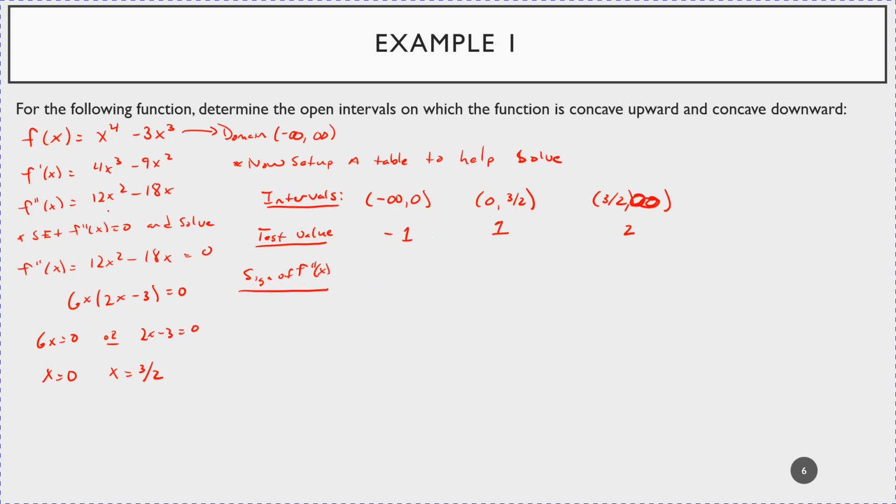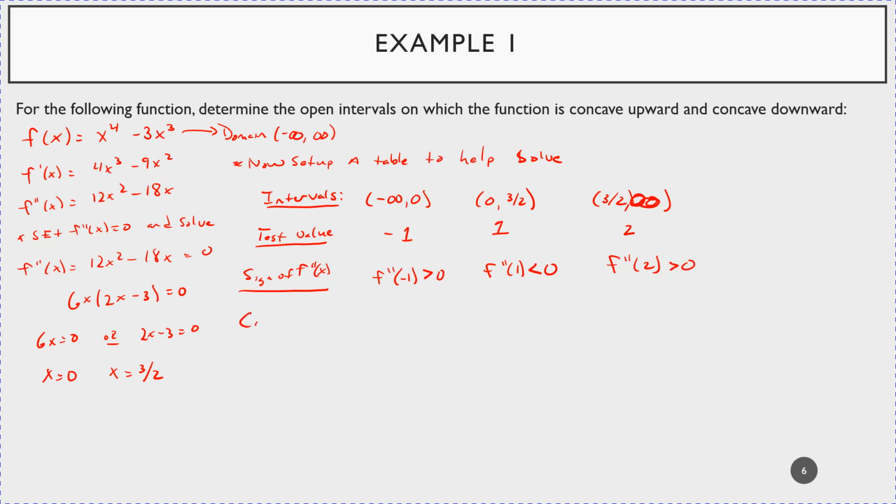Our second derivative is 12x squared minus 18x. f double prime of -1 is 12 plus 18, which is 30, so it's greater than 0. f double prime of 1 is 12 minus 18, so that's less than 0. And f double prime of 2: 2 squared is 4, 4 times 12 is 48, minus 18 times 2 is 36, so this is positive.